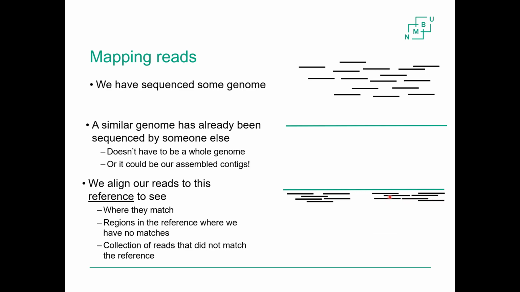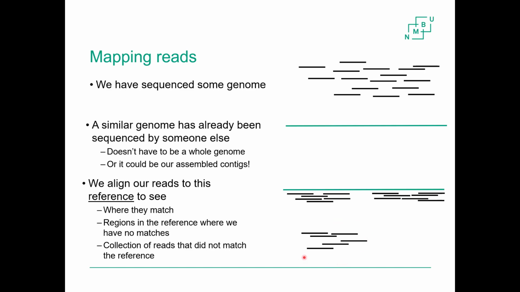And here we have another, but notice there is a region in the middle with no reads mapping. If we observe this, then we can say, okay, this region is in the reference, but it is not in our newly sequenced genome. Because if it was, there should be some reads matching this part as well. But since there are no reads, we can conclude that this is not part of our new genome.